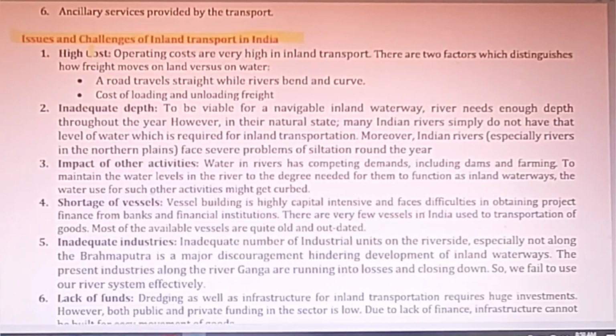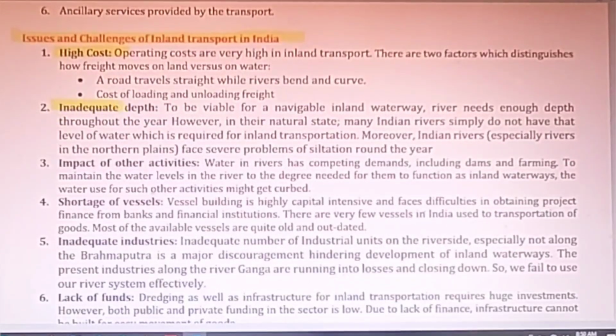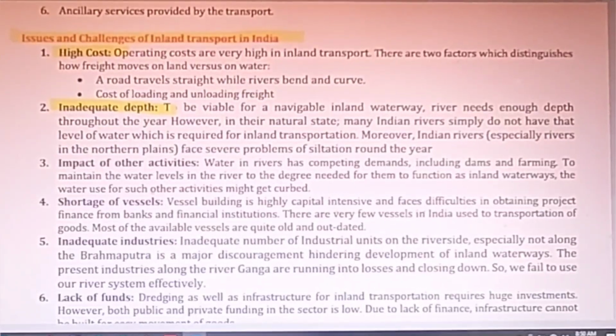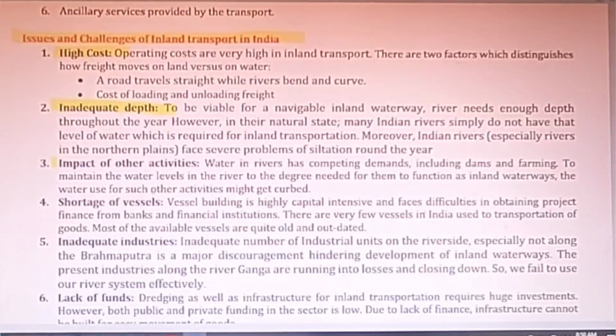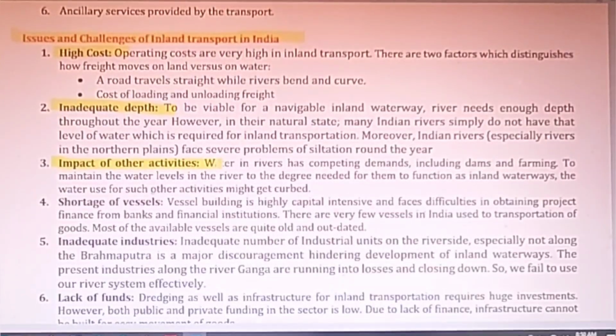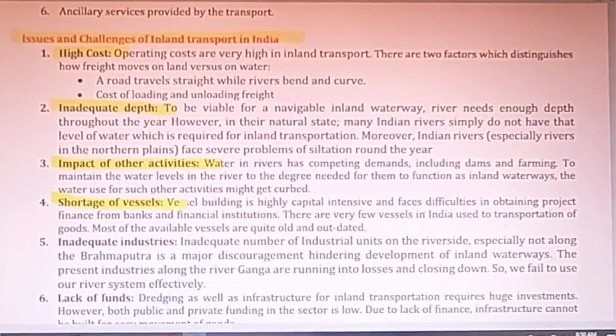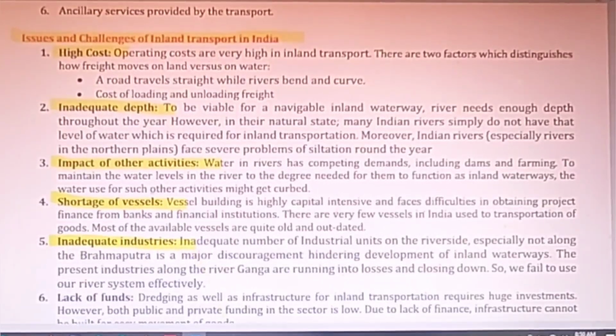And basically, in India, there is a high cost of operating. There is inadequate depth of the water bodies, that is rivers, so that makes the movement of ships and boats very difficult. And the impact of other activities, like people going for bathing, they even take their cattle for bathing, so that makes a problem. Then shortage of vessels, not good vessels, ships, boats, inadequate industries are there.